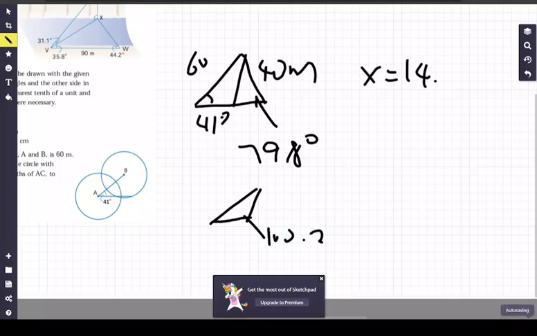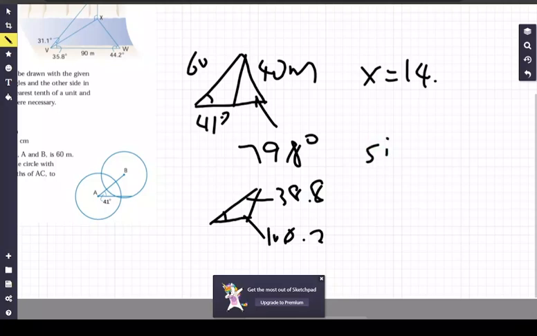So now let's sine law this entire thing once again. Okay, we can't do it yet. So we have 100.2 and we have 41 here. So let's find the missing angle. 180 minus 100.2 minus 41 is going to give us 38.8. So now we can finally sine law this.